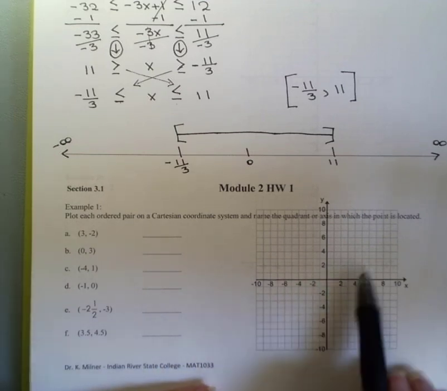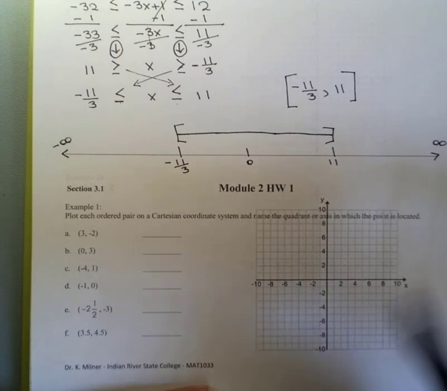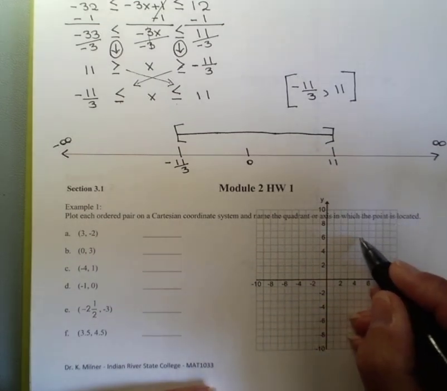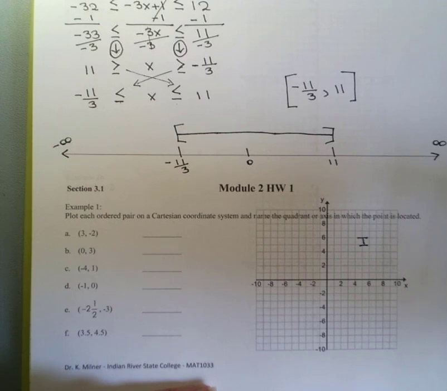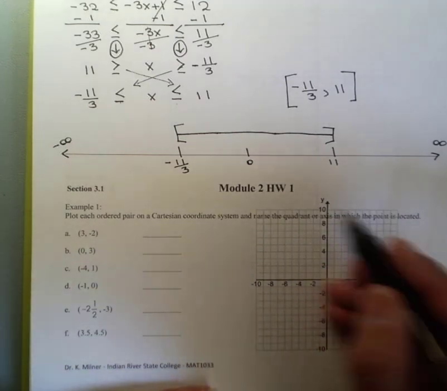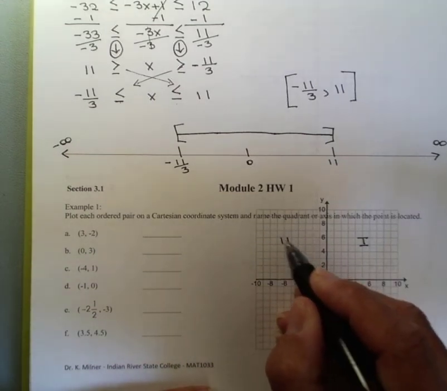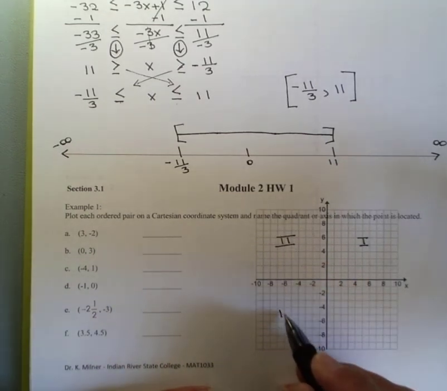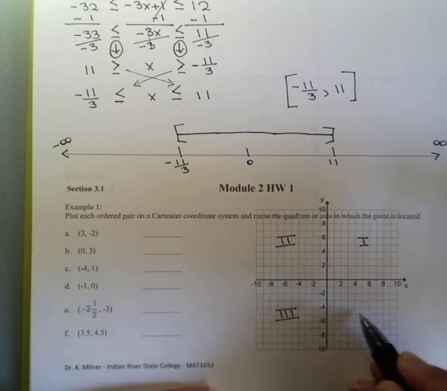What you have to remember is each of these quadrants is unique. We start over here with the top right quadrant. It's named Roman numeral 1. It's the first quadrant, or quadrant 1. And then we're going to go counterclockwise, numbering them. So this would be quadrant 2, and this would be quadrant 3, and finally we get quadrant 4.